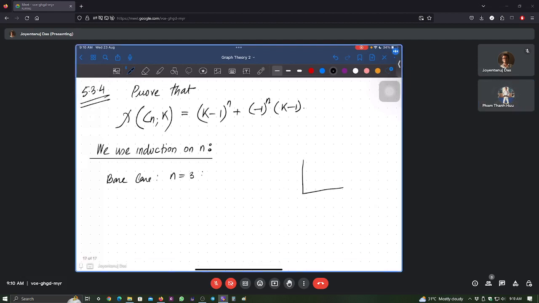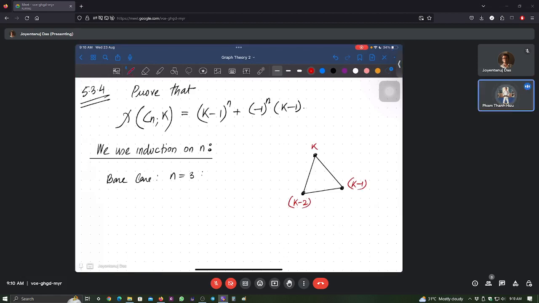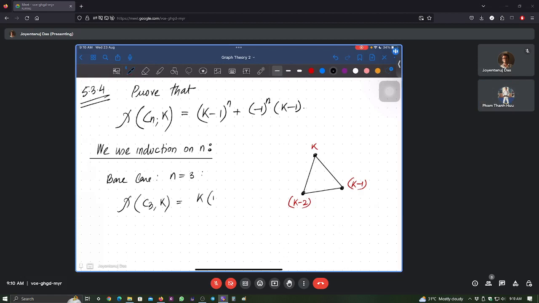So if I have a 3-cycle, then what is the chromatic polynomial? This is k choices, this is k minus 1, and this is k minus 2. So for C3, it is k into k minus 1, k minus 2.